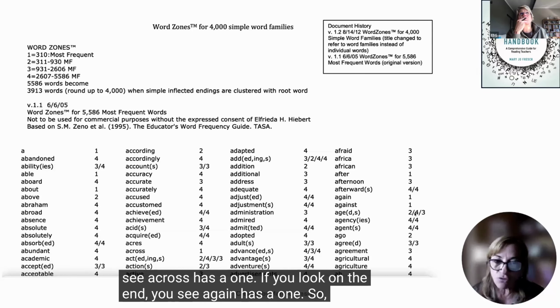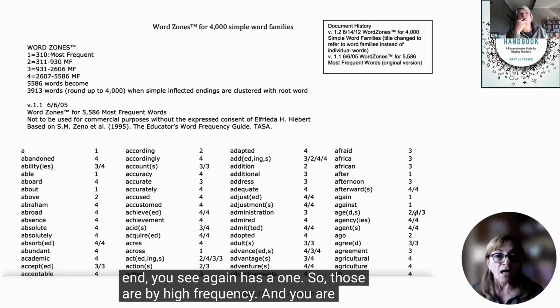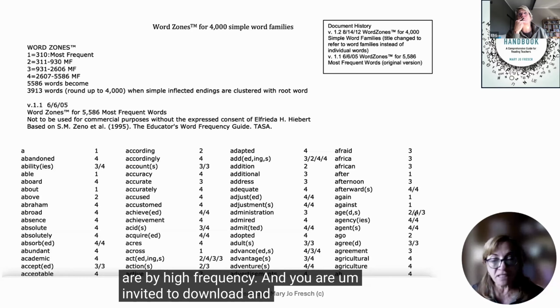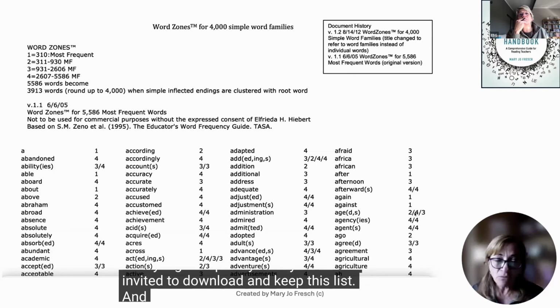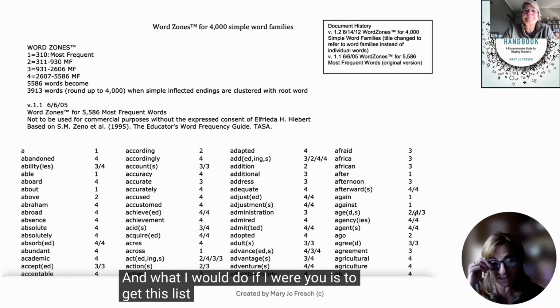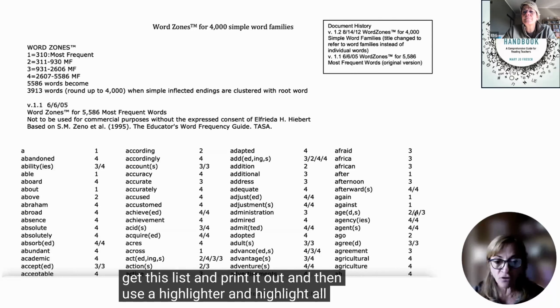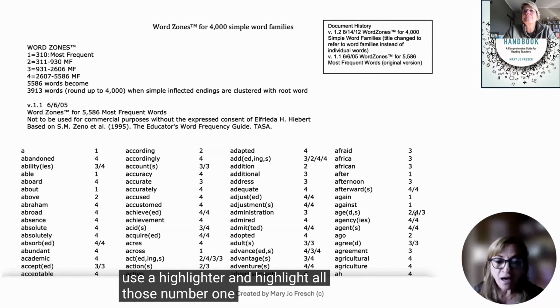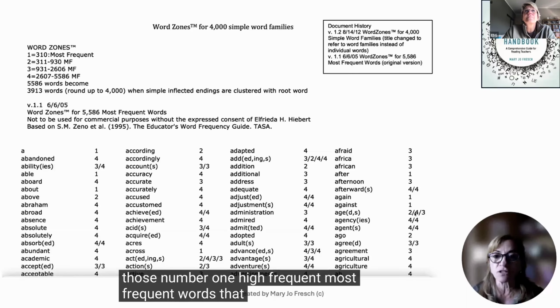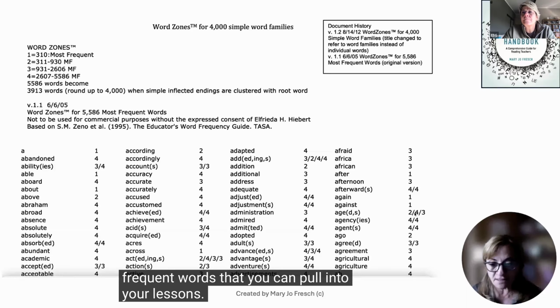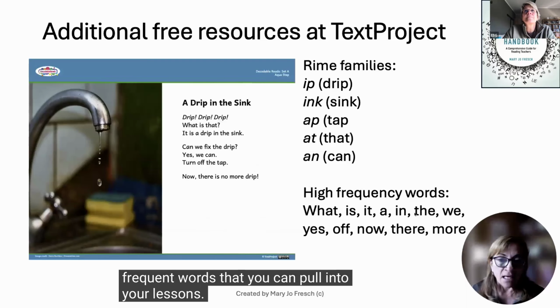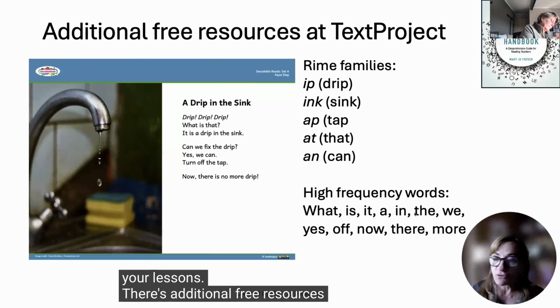So those are by high frequency, and you are invited to download and keep this list. What I would do if I were you is to get this list and print it out and then use a highlighter and highlight all those number one most frequent words that you can pull into your lessons.